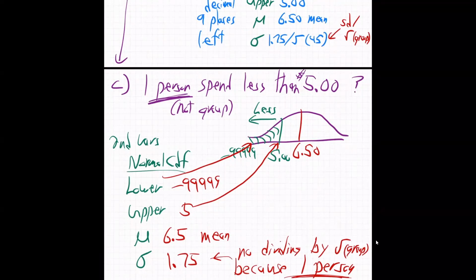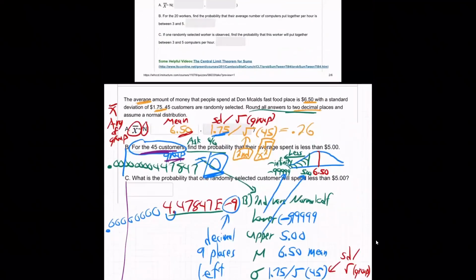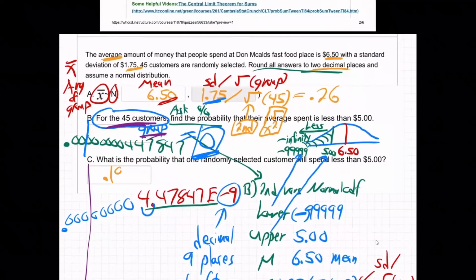Here's what I got: 0.19568, round to 4 places. 0.1957. So the answer is 0.1957. So a very different answer. The last answer was 0. So for a group versus an individual, that's the difference here.